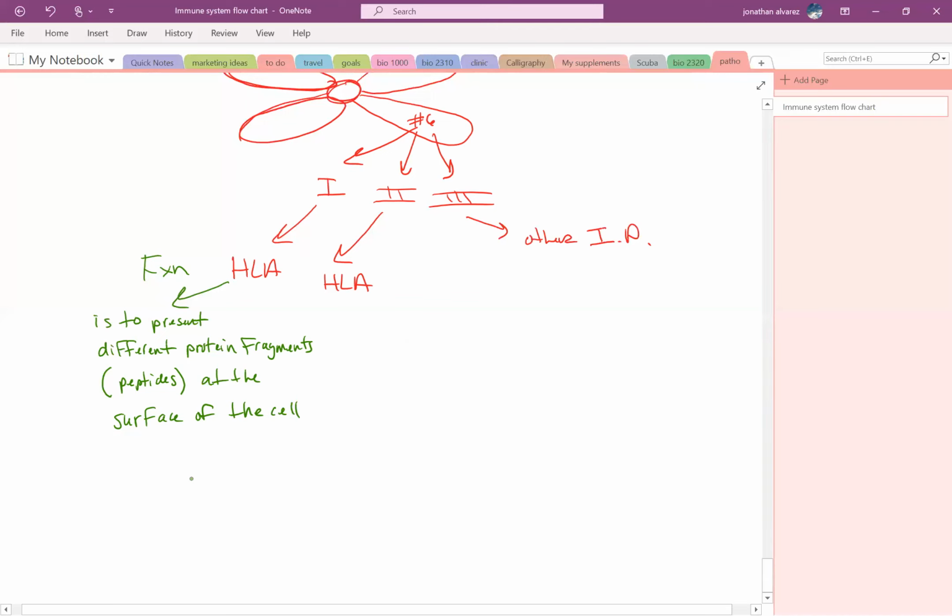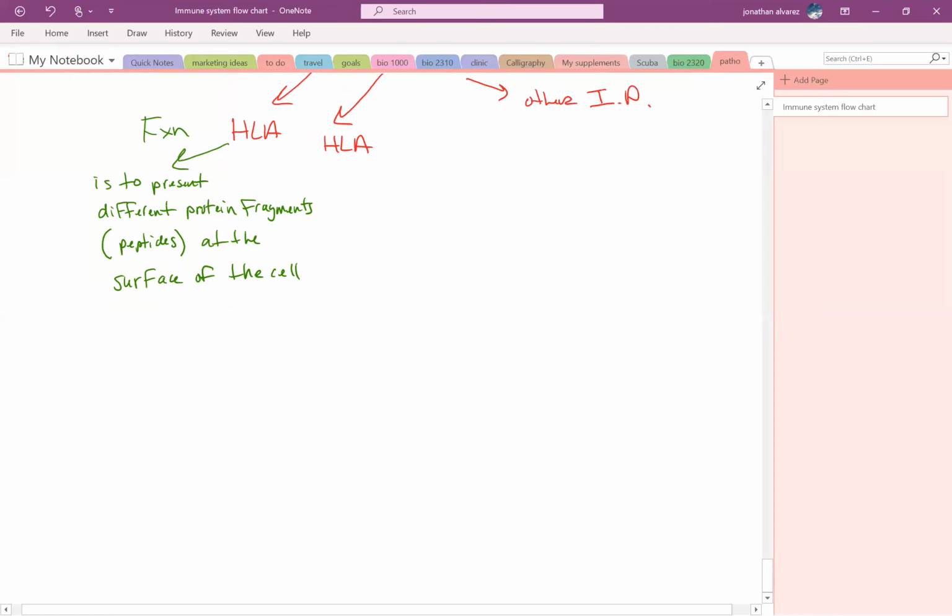I'm going to get to 2 in just a second. Okay. So when this happens, healthy cells are ignored.